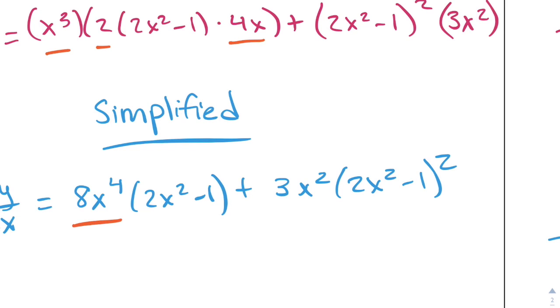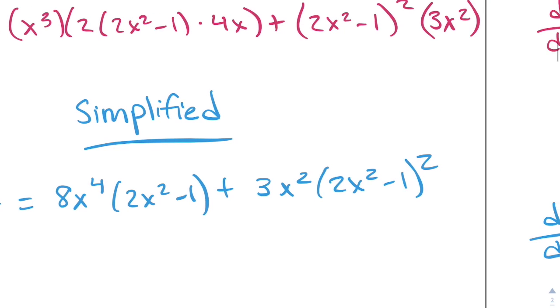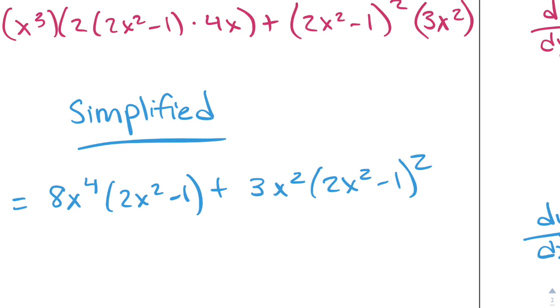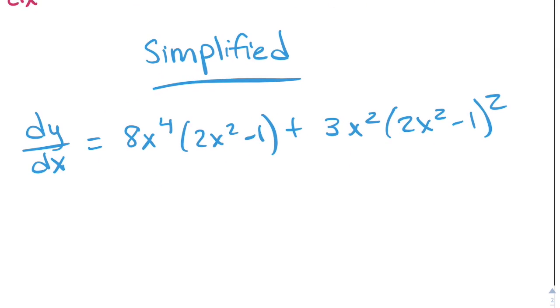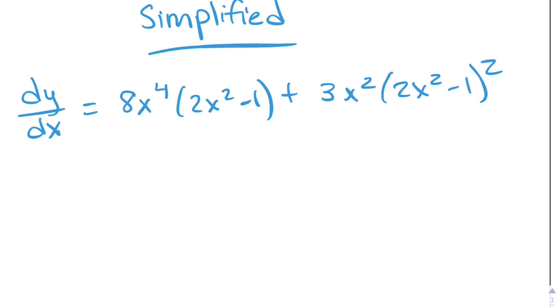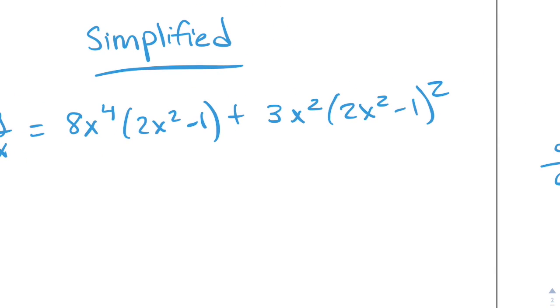So that's my 8x to the 4th. I could have distributed it amongst the other set here, but I chose not to. And then I just moved 3x squared to the front. Okay, we could distribute all this out and go a little bit further if we wanted to, but we'll just leave it like that.